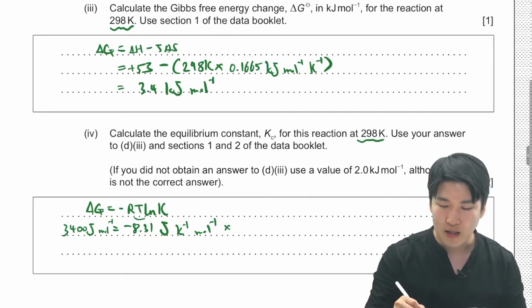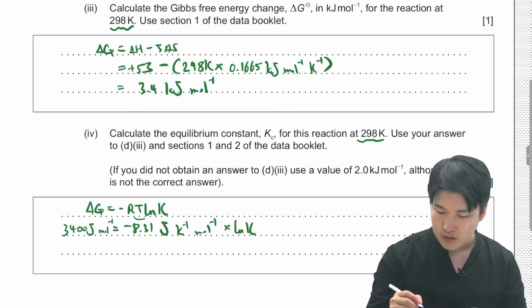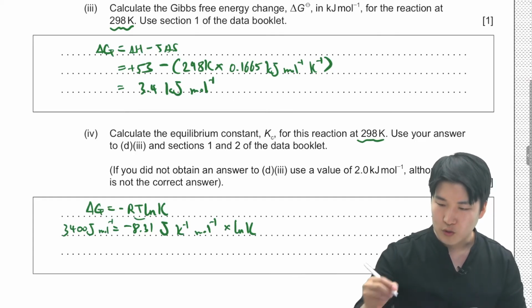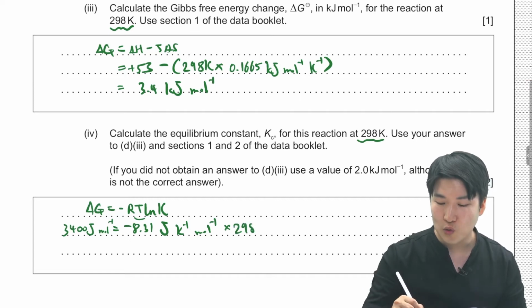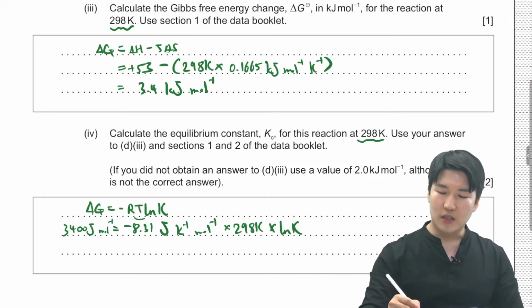Times ln K. Before I times the ln K, I'll have to times 298 Kelvin first, then ln K. Kelvin units will nicely cancel out with itself.